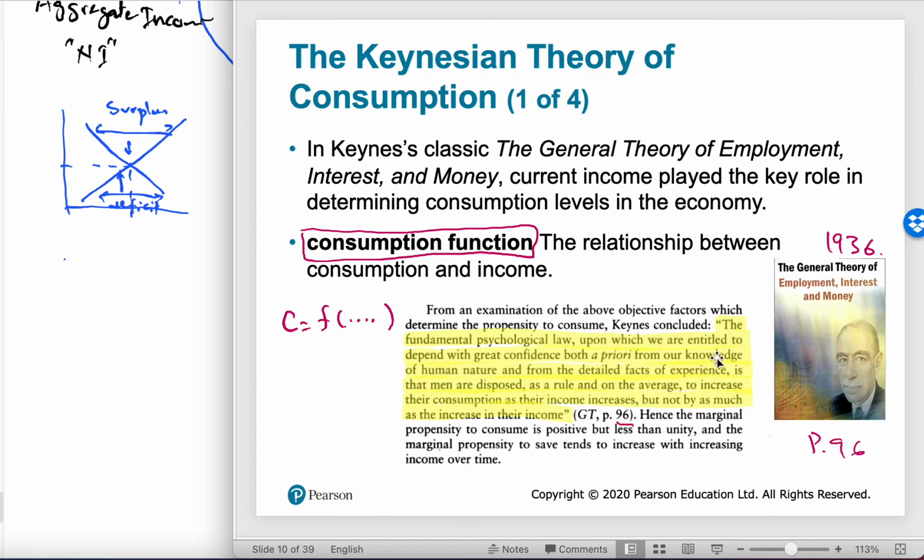Keynes, in his book on page 96, is mentioning the fundamental psychological law upon which we are entitled to depend with great confidence, both a priori from our knowledge of human nature and from the detailed facts of experience: that men are disposed, as a rule and on average, to increase consumption as their income increases, but not by as much as the increase in their income.